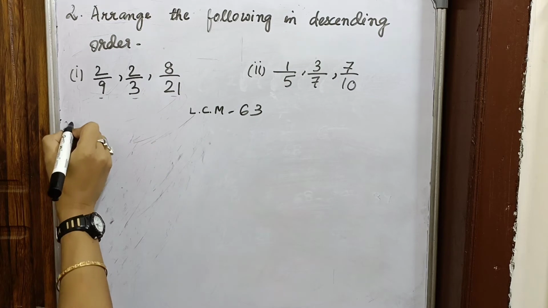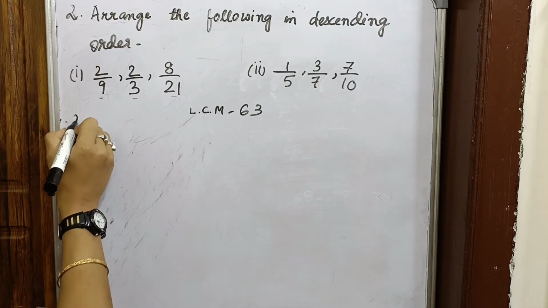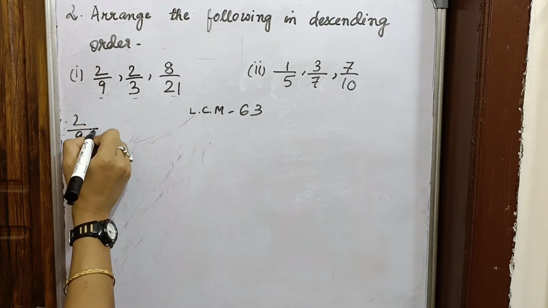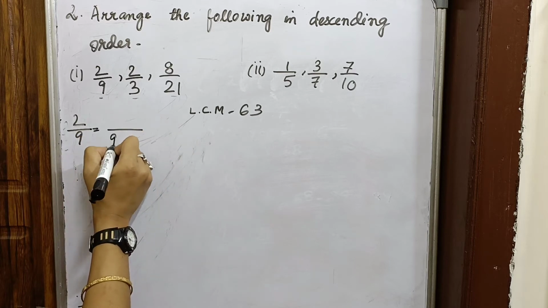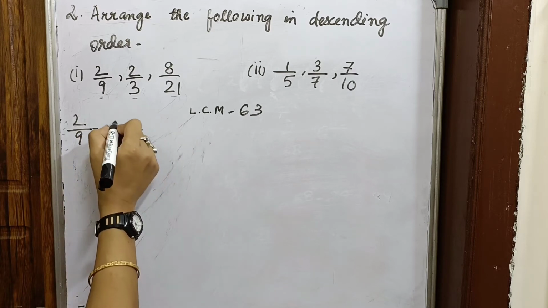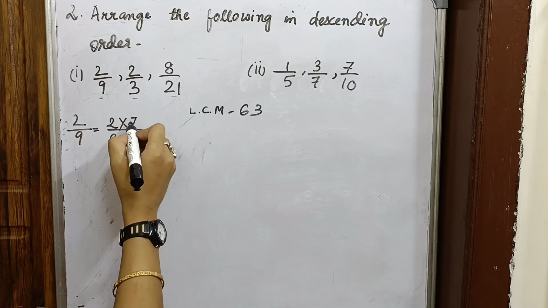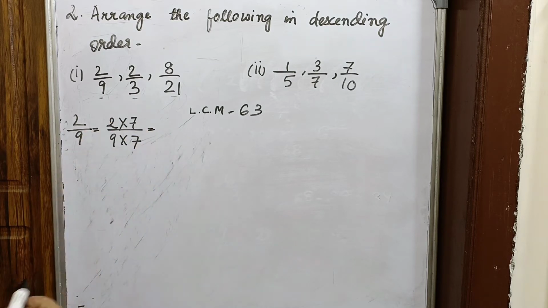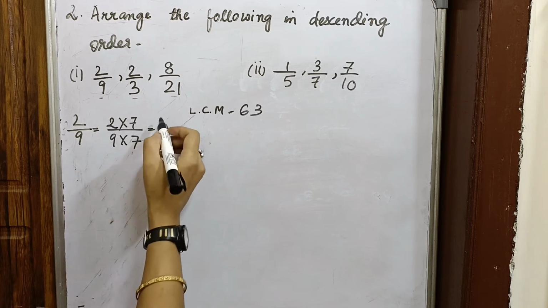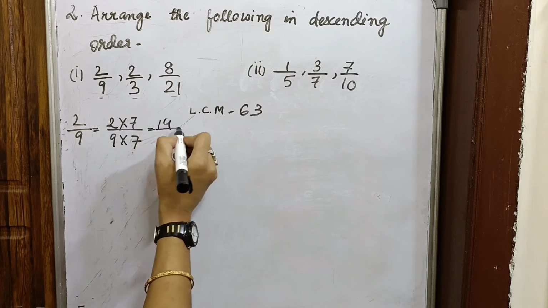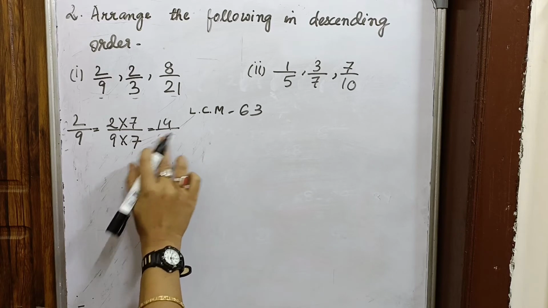LCM is 63. First we'll do for the first number, 2 by 9. 9 into how much is 63? 9 7s are 63. So 2 into 7, the numerator will also be multiplied like the denominator. 2 7s are 14 and 9 7s are 63.